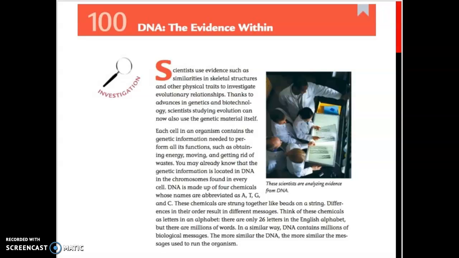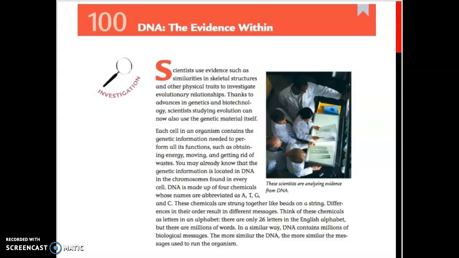You may already know that the genetic information is located in DNA in the chromosomes found in every cell. DNA is made up of 4 chemicals whose names are abbreviated as A, T, G, and C. These chemicals are strung together like beads on a string. Differences in their order result in different messages.